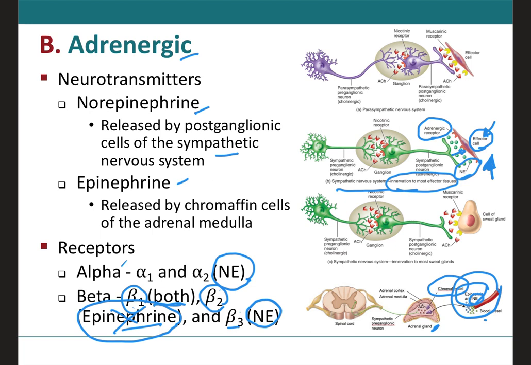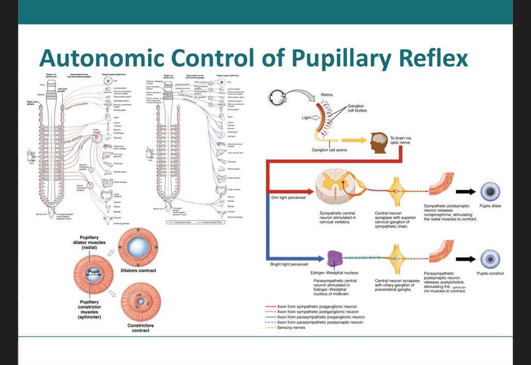Therefore, it will cause similar responses as the norepinephrine. One difference between the somatic reflex, which was, for example, the arc reflex or the withdrawal reflex that we talked about when we mentioned the somatic nervous system, and the visceral reflex, which is the autonomic reflex, is in the efferent branch.